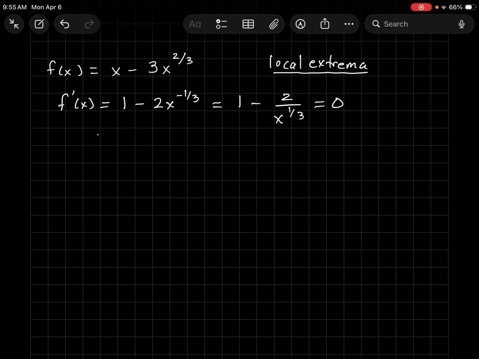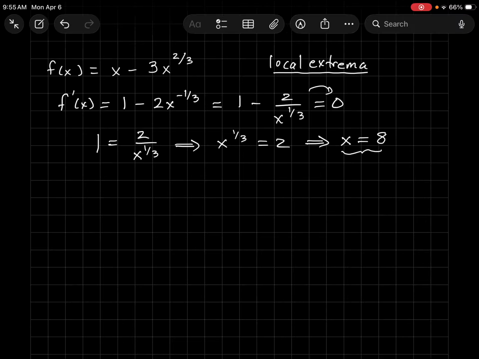I will get 1 equals 2 over x to the 1/3 by moving this term to the right. Then I will multiply both sides by x to the 1/3, giving me x to the 1/3 equals 2. And then cubing both sides, we get x equals 8. So we have our critical point, x equals 8.